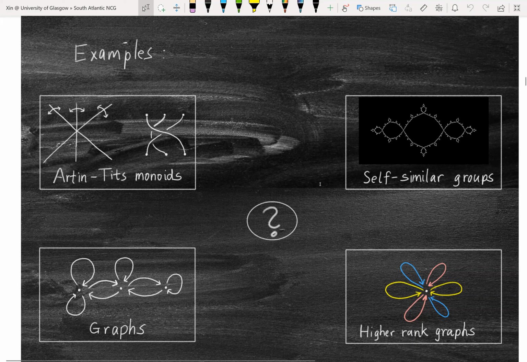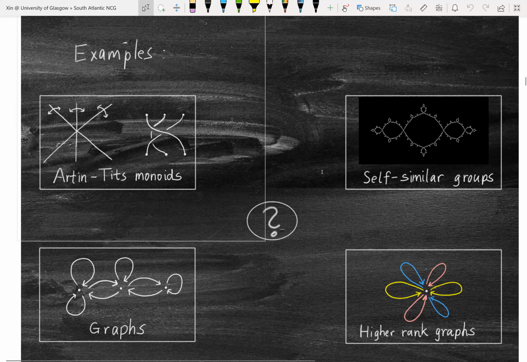So this will be the question mark in the middle, which I want to explain afterwards. Okay, so these are all examples of small categories in our sense, to which people have attached C*-algebras and studied them. So let me explain what these examples are.